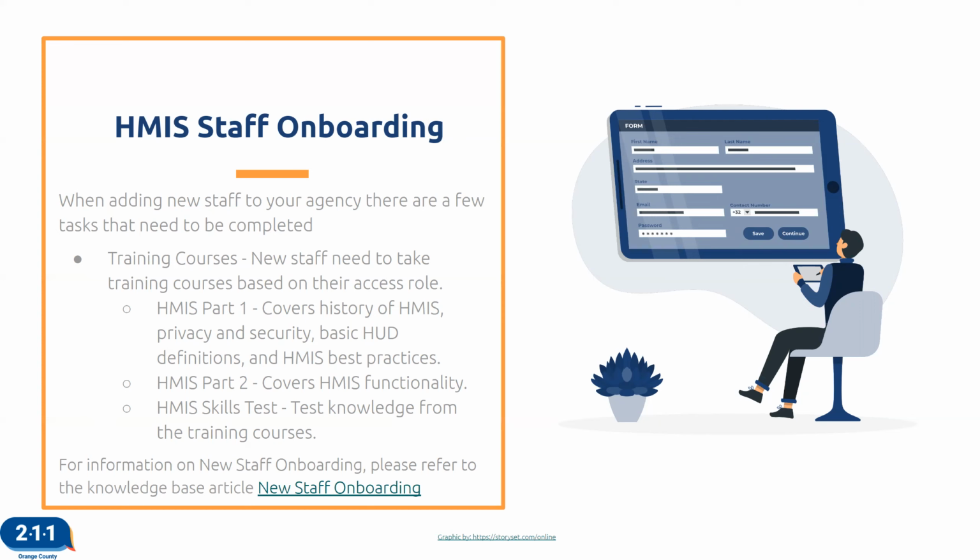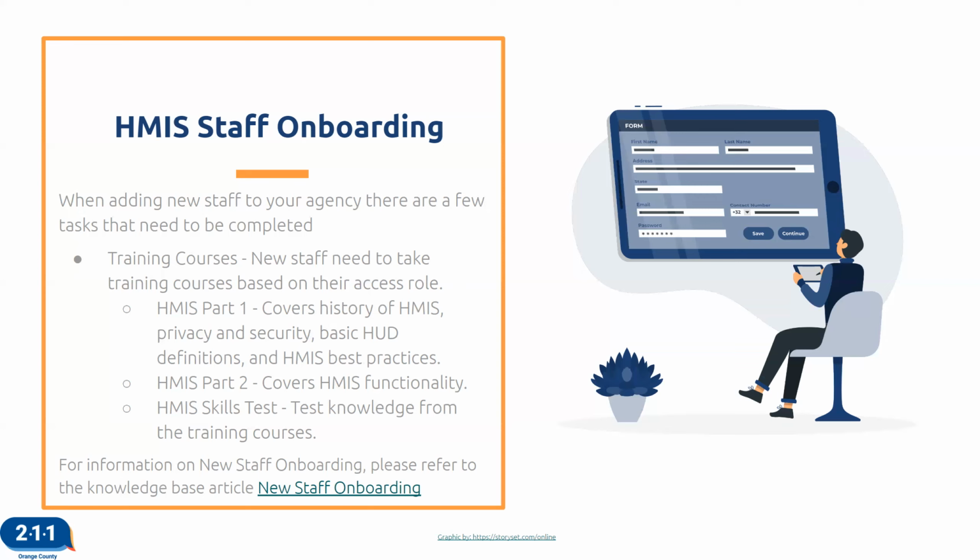Usually this includes HMIS Part 1, which covers the history of HMIS, privacy and security, basic HUD definitions, and HMIS practices. HMIS Part 2 covers HMIS functionality, and then finally the HMIS skills test, which tests the knowledge you gained from the training courses.